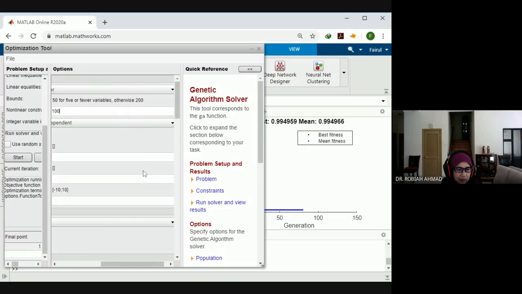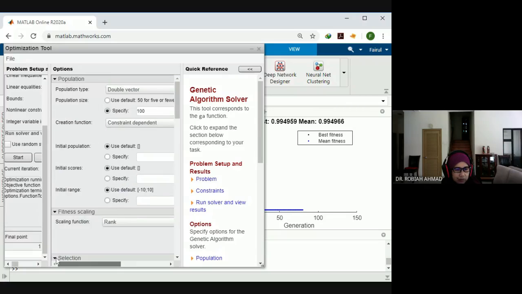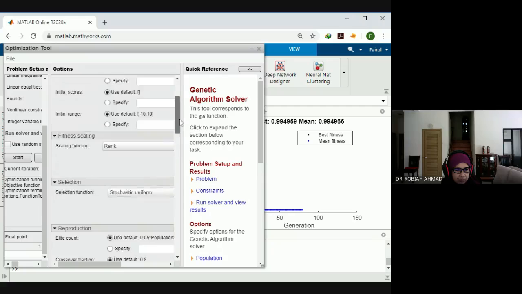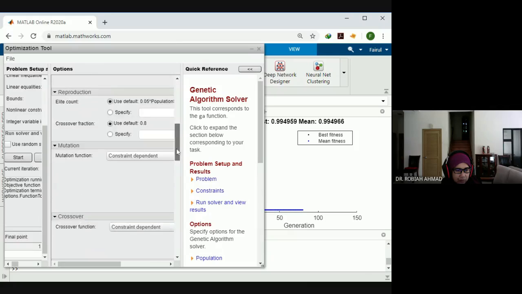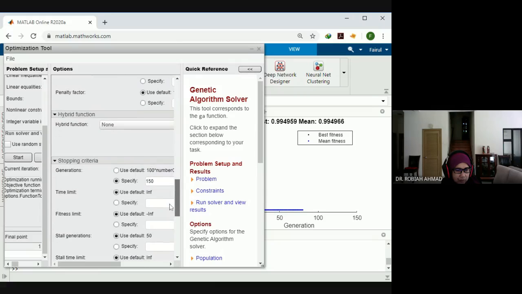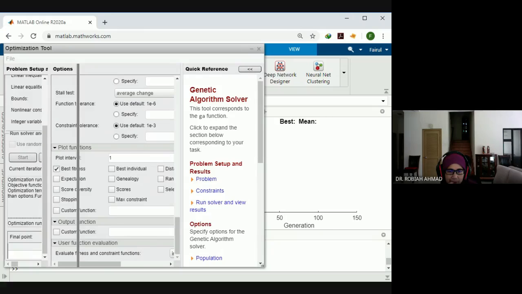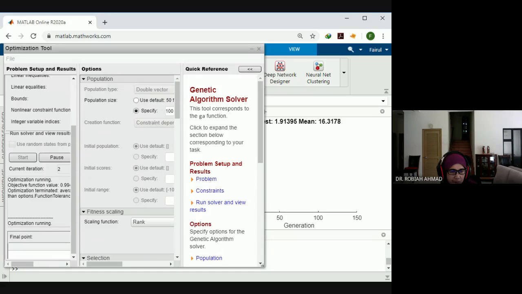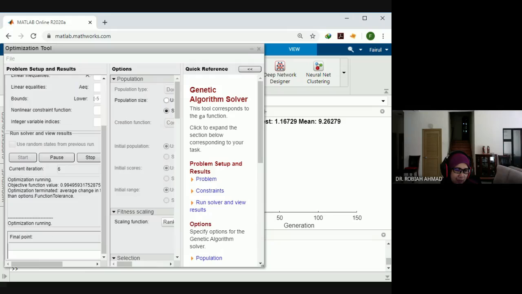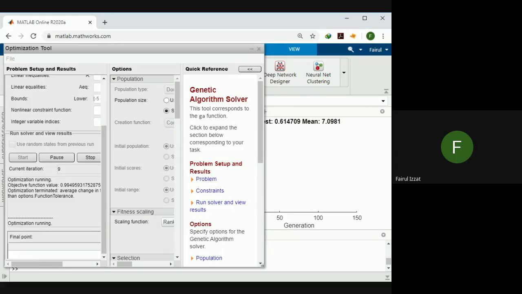And then I think yang lain tu dia dah guna standard default. Dia 150. Okay, maybe try sekali lagi. Bound buat 5 dengan minus 5. Saya guna restriction region punya equation. Okay.